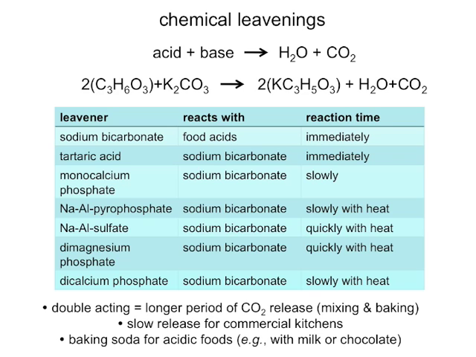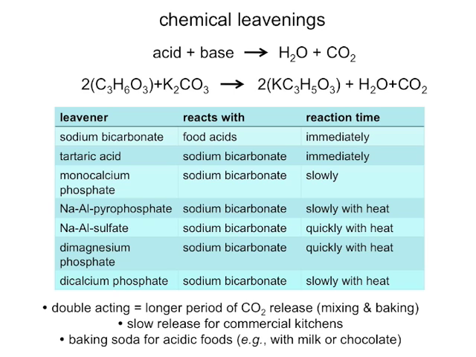Now, of course, there are commercially available baking powders. Those provide the acid and the base together, and the most common of these is a combination of tartaric acid, cream of tartar, as the acid with sodium bicarbonate. That's your double acting baking powder.